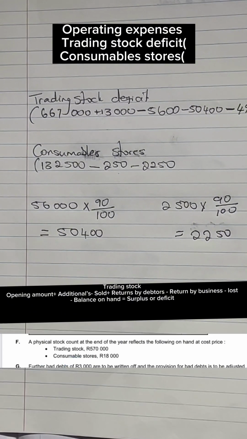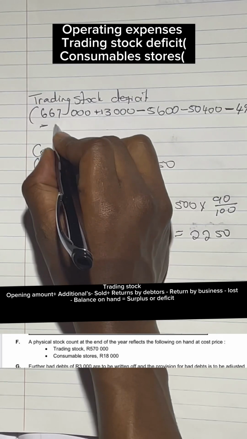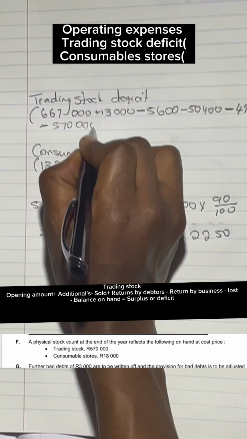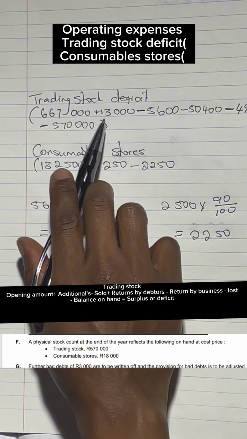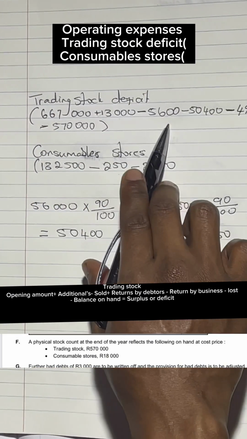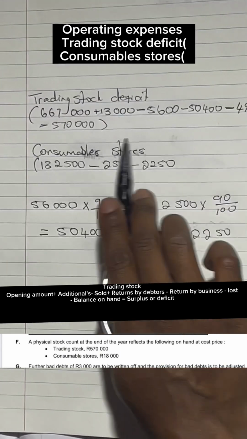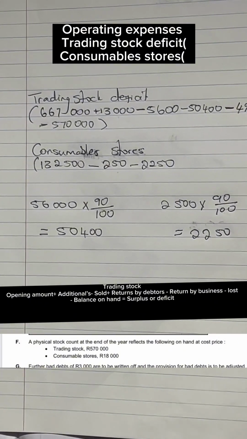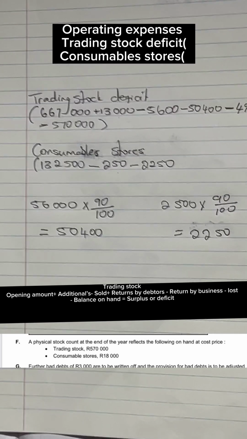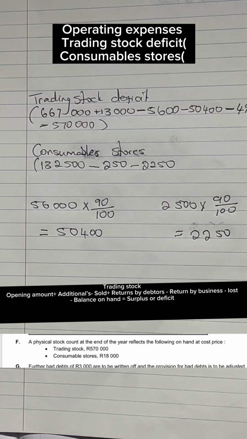Also, going back to information F, whereby we are given the balance on hand, most of the time we need to subtract the balance on hand, which for trading stock is 570,000. So we add 667,000 plus 13,000, minus 5,600, minus 50,400, minus 49,000, minus 570,000, and we get 5,000 as our final amount for our income statement.